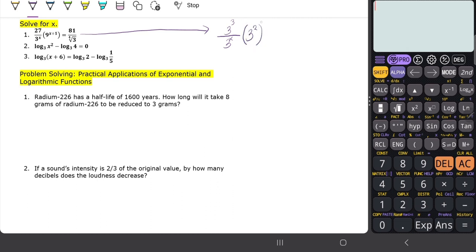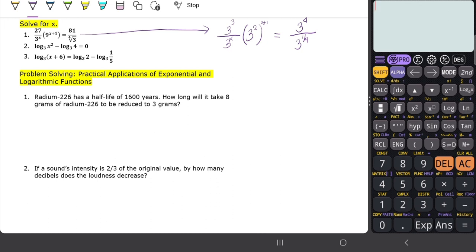Then, naka-raise pa siya sa x plus 1. So, that is the left side of the equation. For the right side, 81 is 3 raised to 4. And the fourth root of 3 is 3 raised to 1/4.